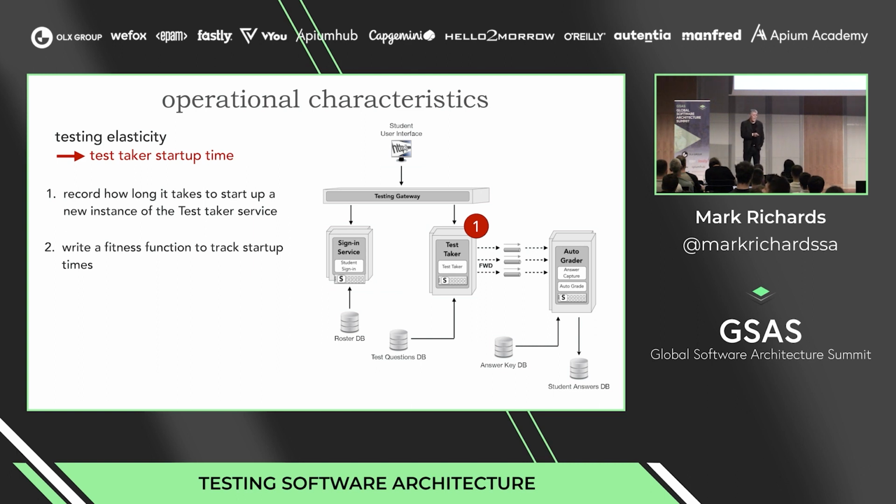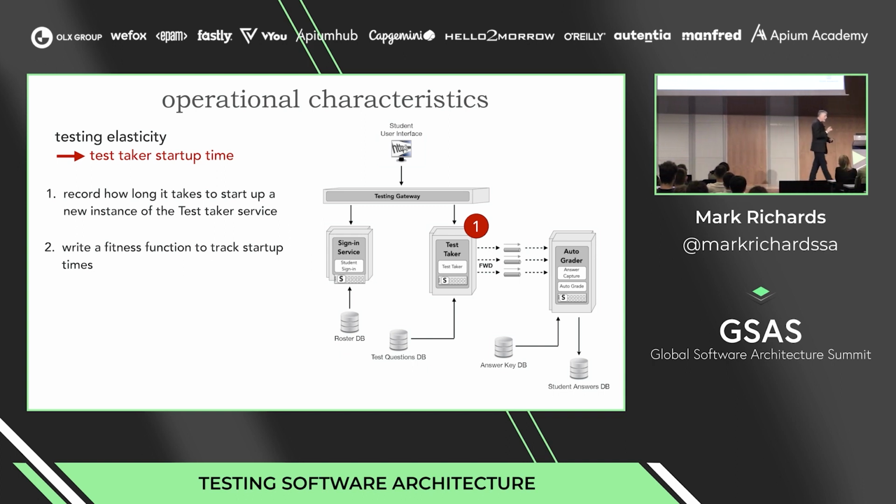One last thing we can test with elasticity, which is kind of interesting, is another one of the definitions of elasticity. When we talk about scalability versus elasticity, scalability is about sustained growth in our systems.